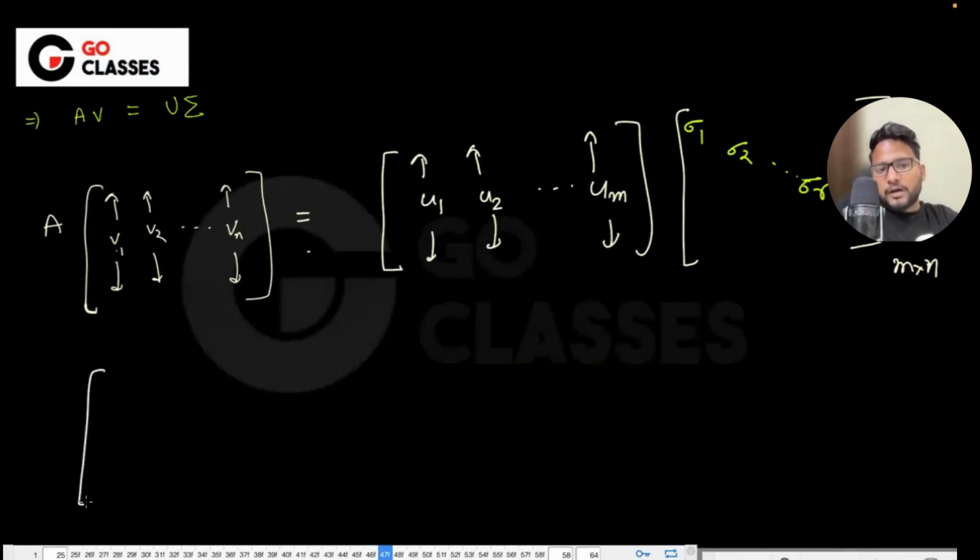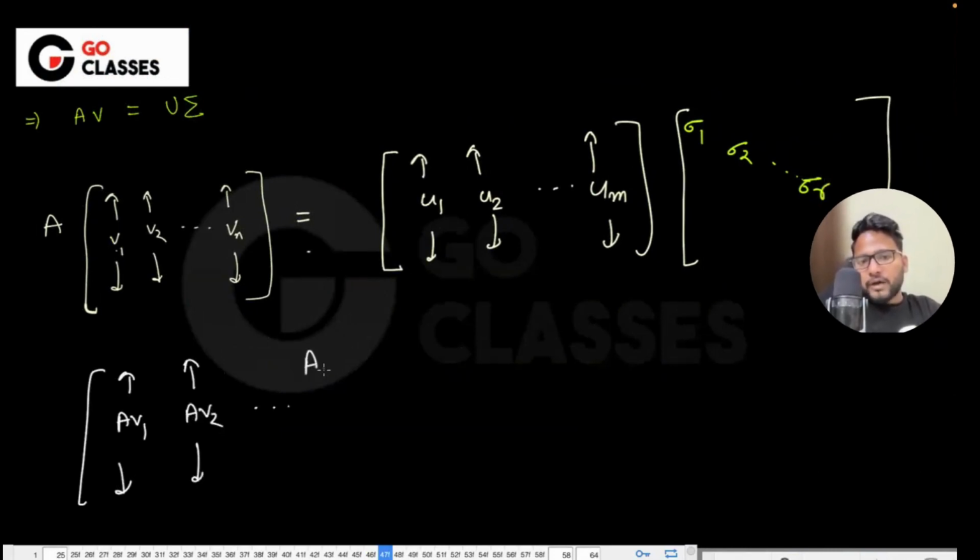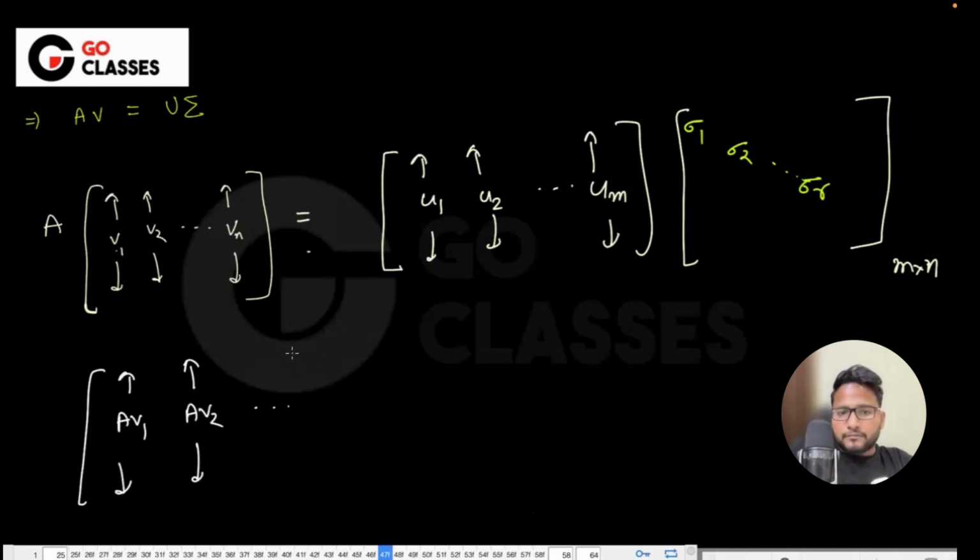I mean, the first vector here will be A V1. Is this okay to everyone? The second vector here will be A V2. The third vector will be like this, and A Vn. Somewhere you will be writing A Vr, I mean the rth vector, right? And then A V(r+1) and then A Vn.